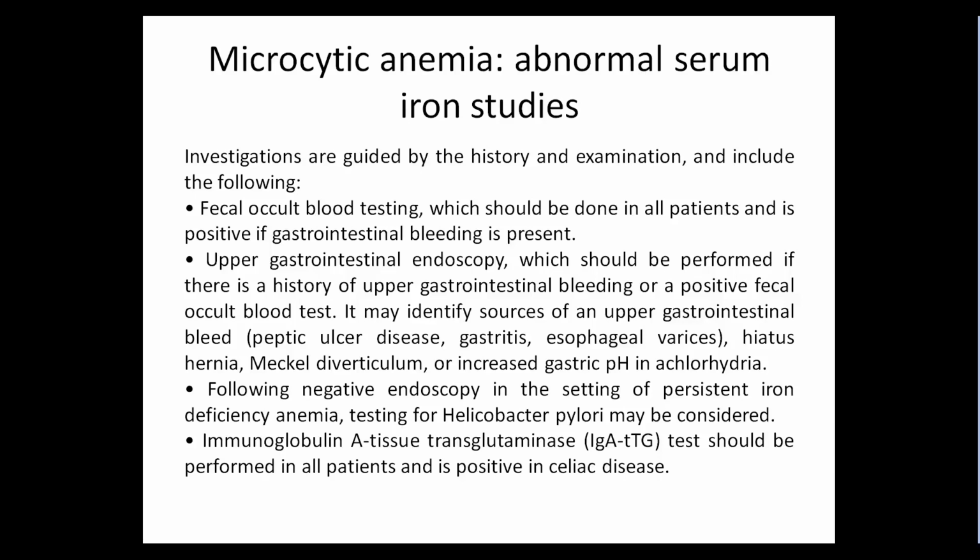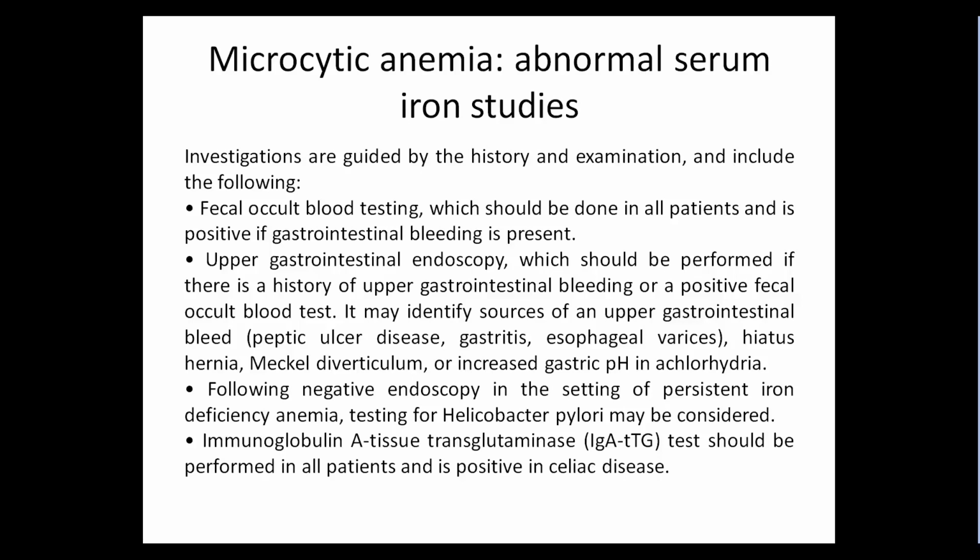It may identify the source of an upper gastrointestinal bleed, peptic ulcer disease, gastritis, esophageal varices, hiatus hernia, gastric diverticulum, and increased gastric pH in achlorhydria. Following negative endoscopy, in the setting of persistent iron deficiency anemia, testing for Helicobacter pylori may be considered.